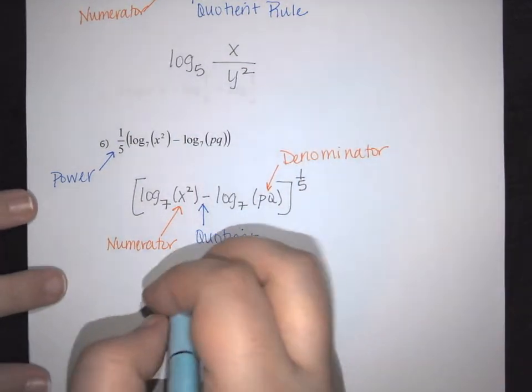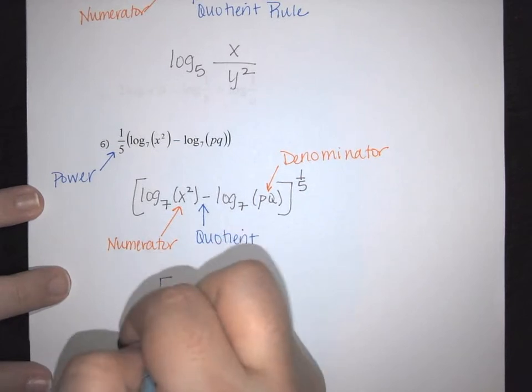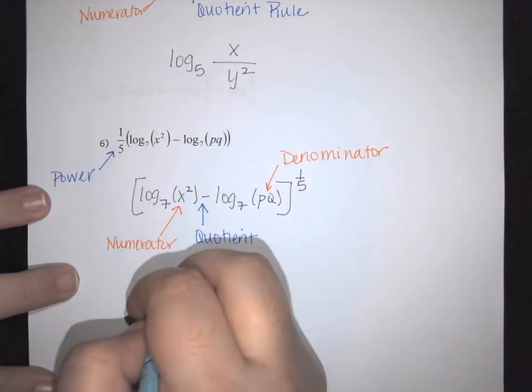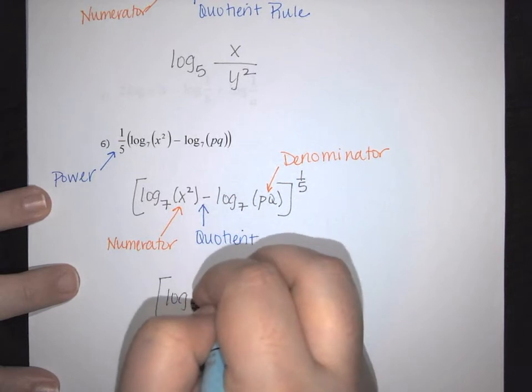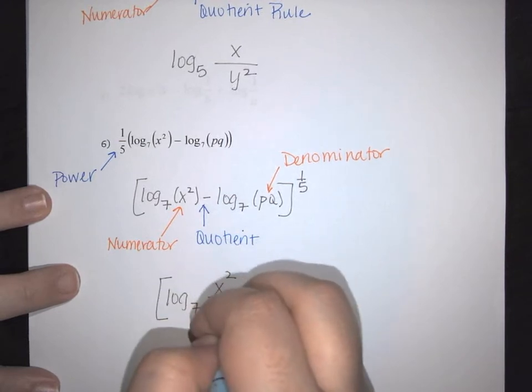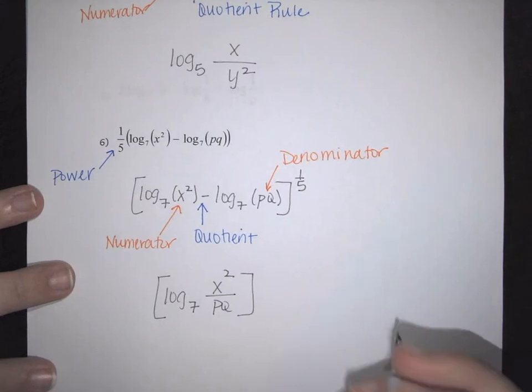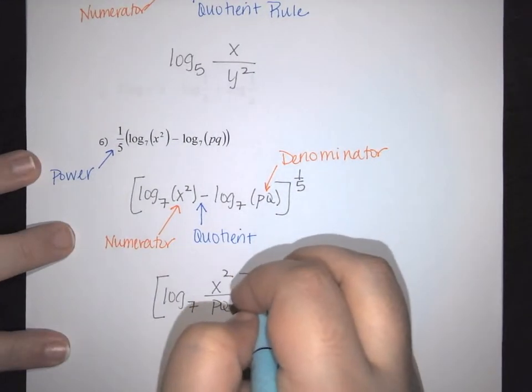So with that, I still have everything inside of parentheses, and this time we're going to have log base 7, and it's going to be of x squared over pq. Now and this is still to the 1/5.